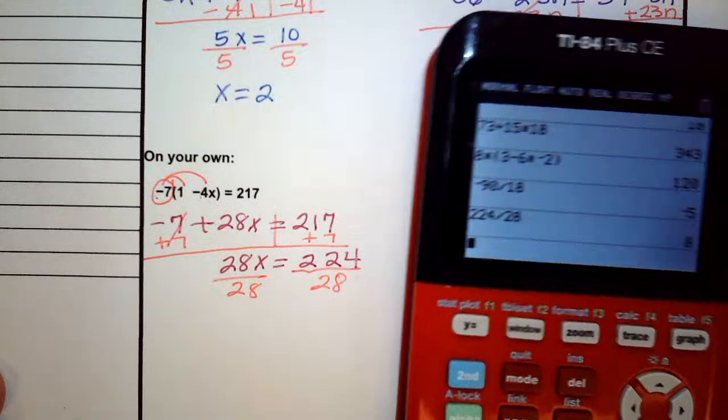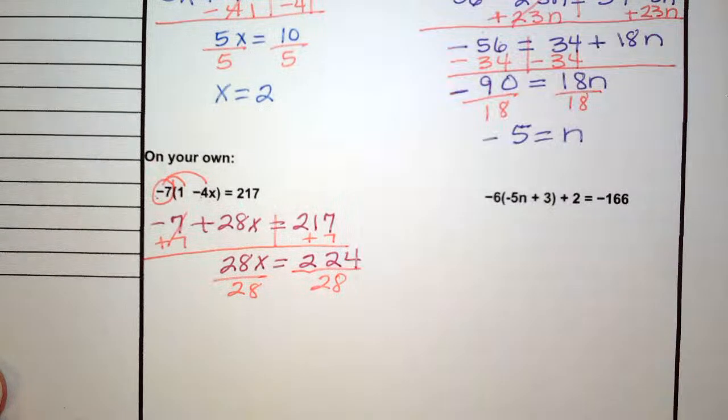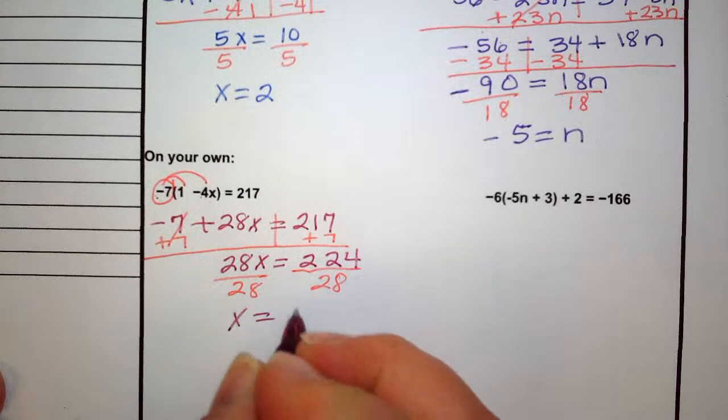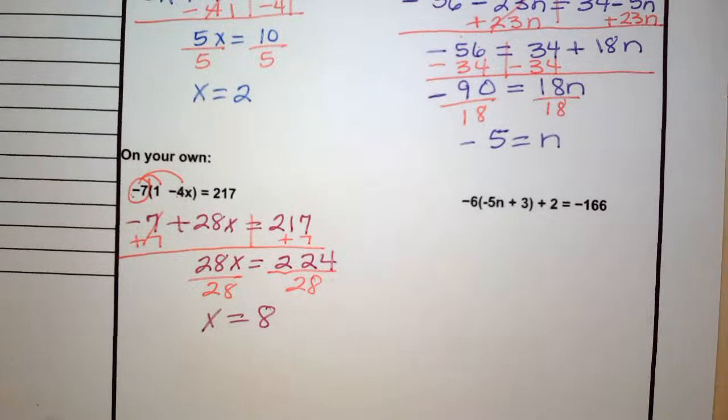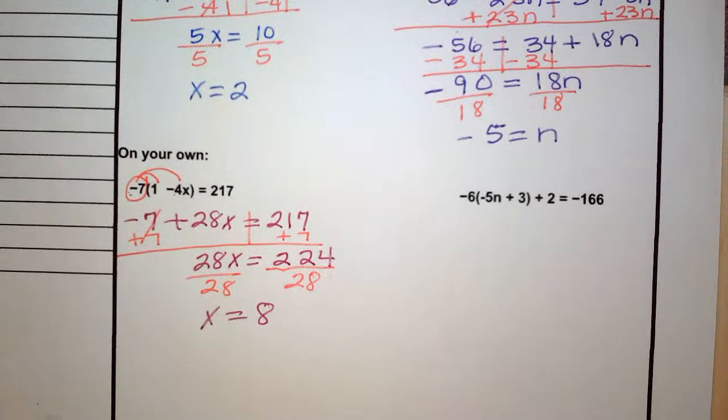And I end up with 8. So x is equal to 8. Okay, hopefully you got the answer correct. If you did not try the next one, please do it now. Pause the video and go ahead and try it.